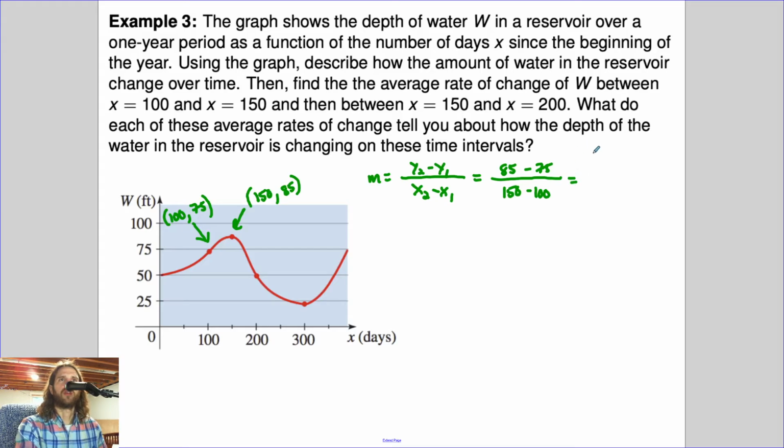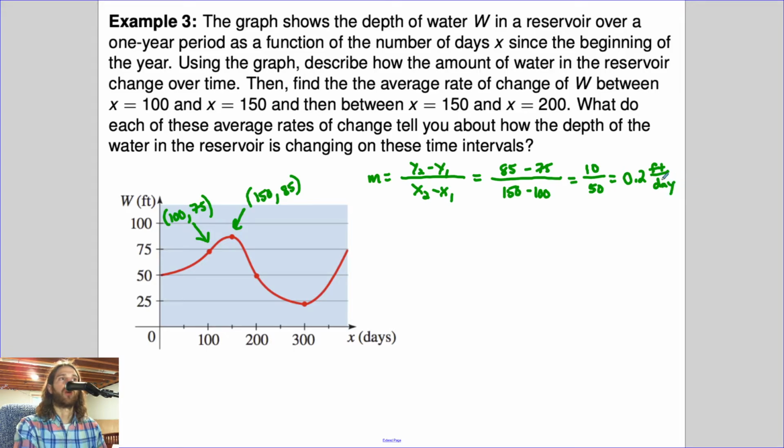We end up with here 10 over 50, which if we double the top, double the bottom, would be 0.2. And that will be change in y over change in x. Units of y, in this case W, are feet, so 0.2 feet per day.